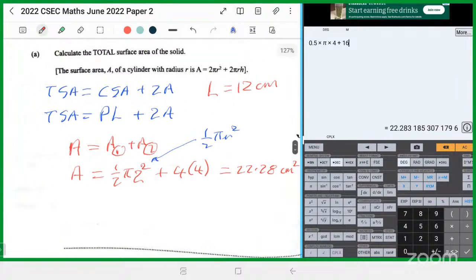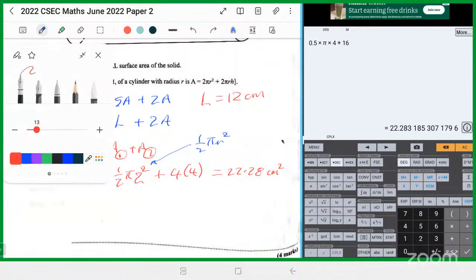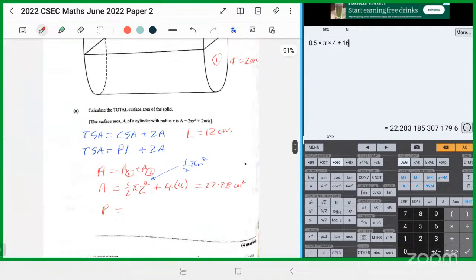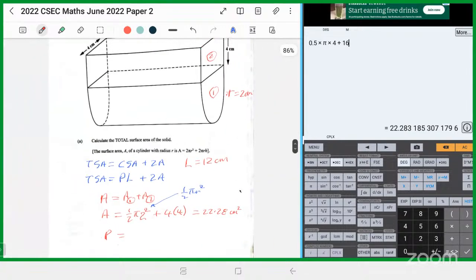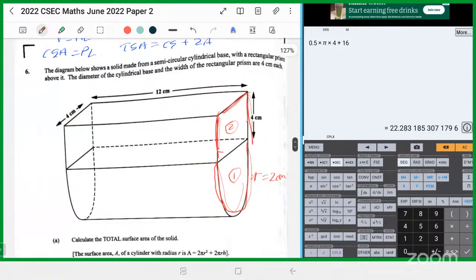Next we need P. This is the perimeter of the end. So P becomes equal to half of a circumference of a circle plus these 3 sides. Let me look at it again.